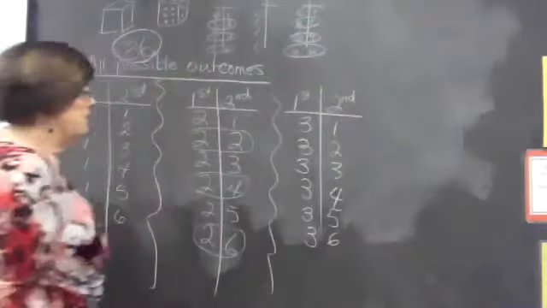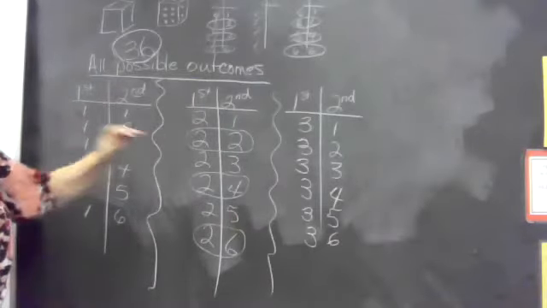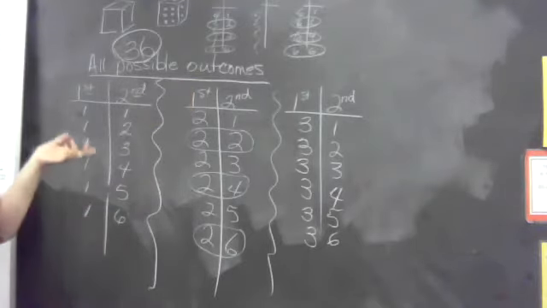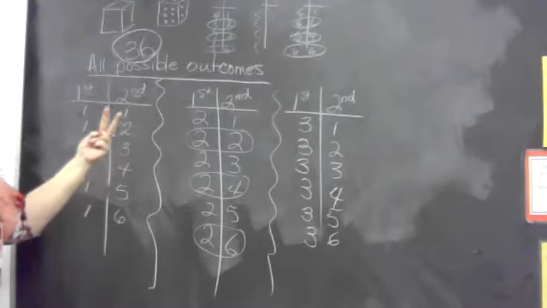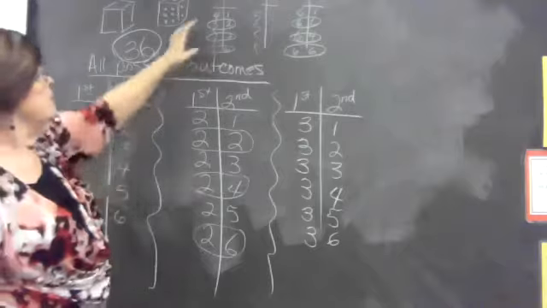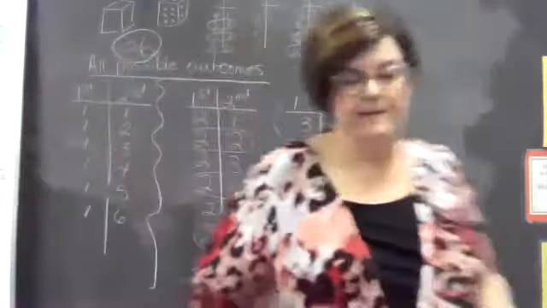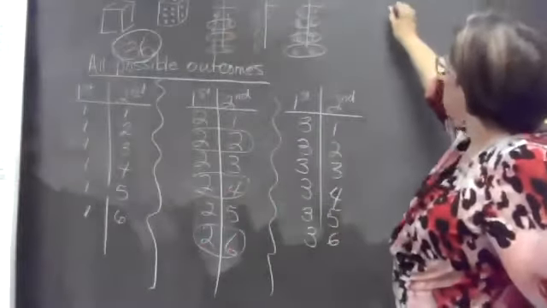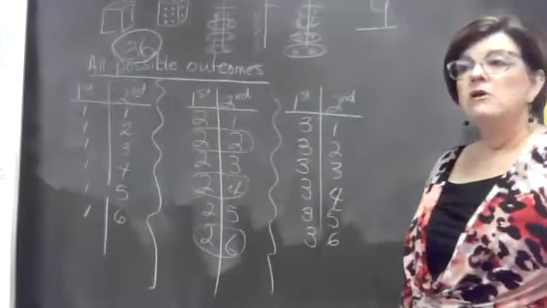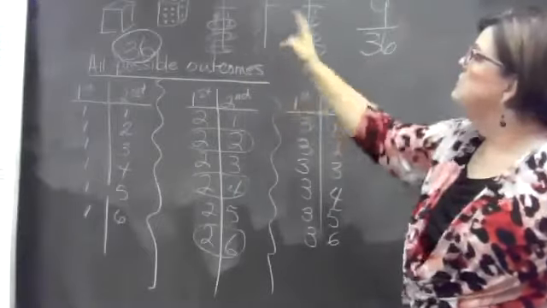Do you understand? Yes. Okay, so if you have these things written out, it's easy to go through and pick out how many times both of the dice would come up even numbers. So let's count them. 1, 2, 3, 4, 5, 6, 7, 8, 9. There's 9 times that would come up out of 36, because that's 36 total outcomes.